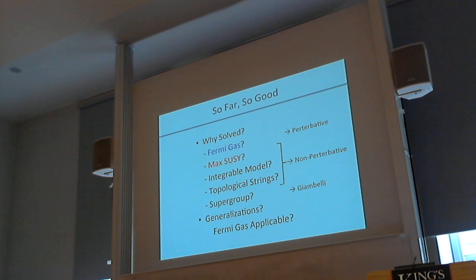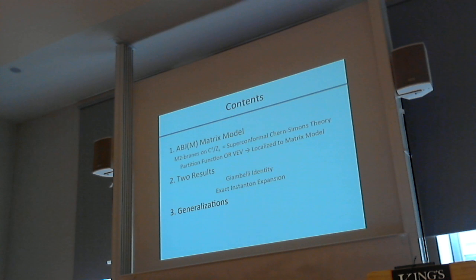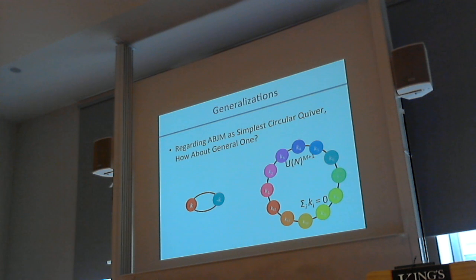So if we want to consider generalizations, the first step is to see whether the Fermi-gas formalism is applicable in the generalization. So this is the generalization we want to consider. We regard ABJM as the simplest circular quiver.